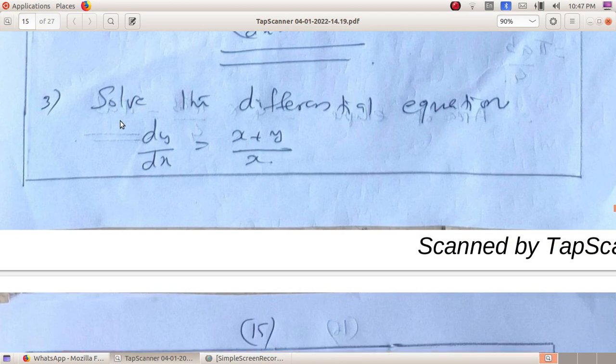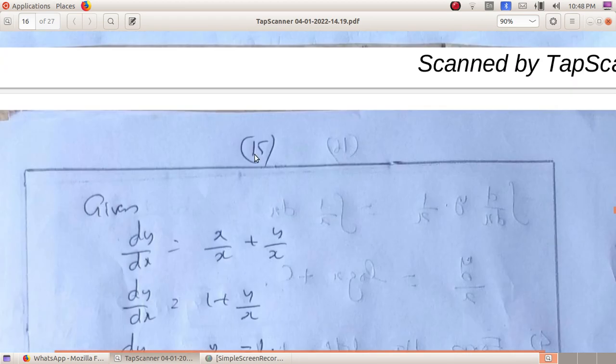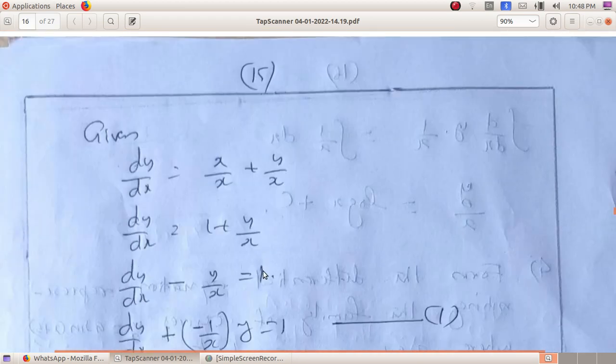Solve the differential equation dy by dx equal to x plus y by x. Dy by dx equal to x plus y by x. This is separated: x by x plus y by x, this is 1 plus y by x.